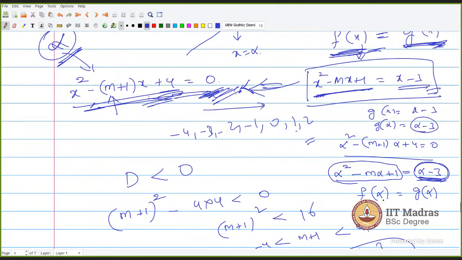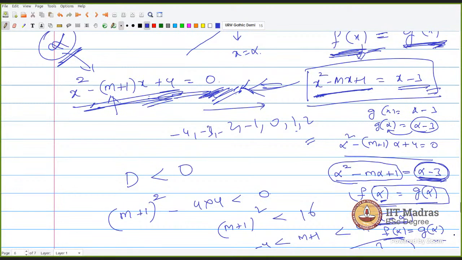So from this, for this particular alpha, my functions f of x and g of x are equal. When x is equal to alpha, f of alpha is equal to g of alpha. So that means I have a particular point x equal to alpha where my functions f of x and g of x actually intersect.